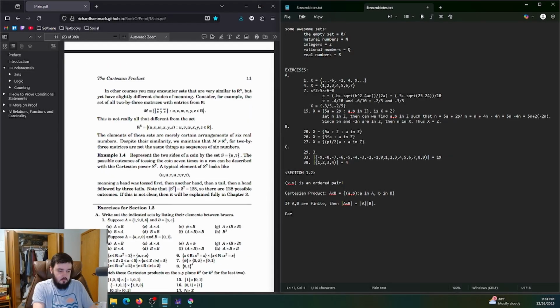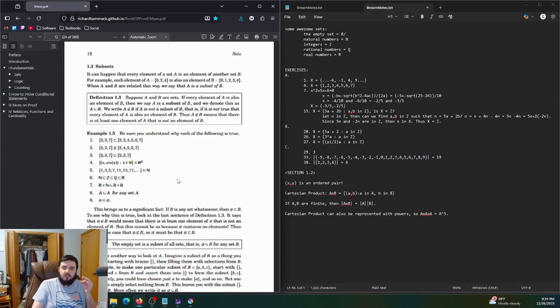Of course, Cartesian products can also be represented with powers. So A cross A cross A is A to the third.